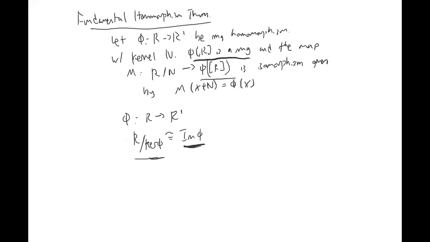So to check it's an ideal, you need to check that the kernel of phi is an additive subgroup under plus. And two, you have to check the ideal property.